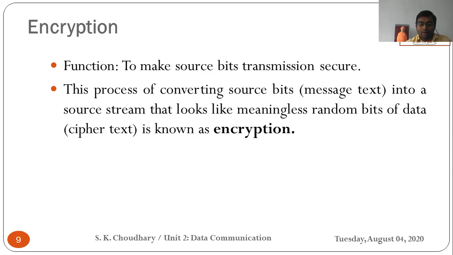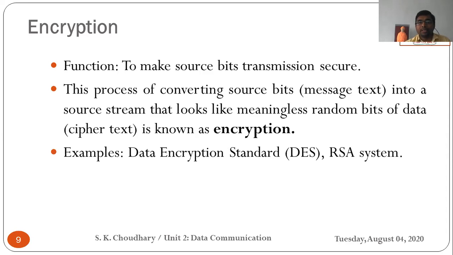Okay, so after source encoding we have to encrypt the information message or message text that we transmit, so that it remains secure and is not understood by other intermediate communication system devices or other users, who would not be able to retrieve the message.